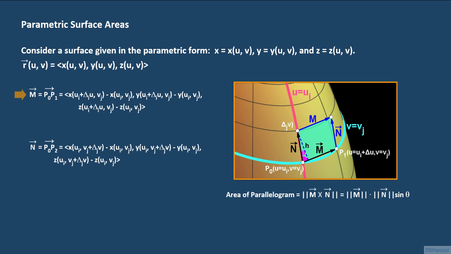For the vector m, since the change is in the parameter u, each component will be approximated by the differential with respect to the parameter u. For example, the first component will be approximated by the partial derivative of x with respect to u, evaluated at u sub i, v sub j, and then multiplied by delta sub i u.